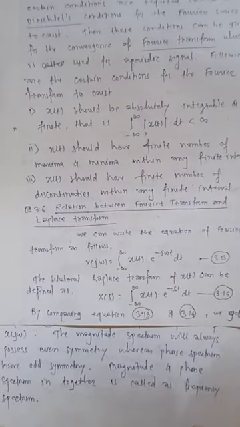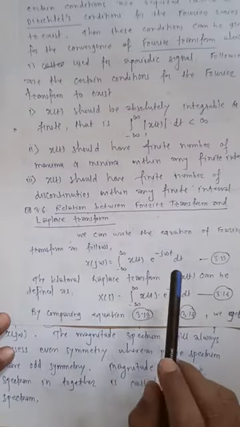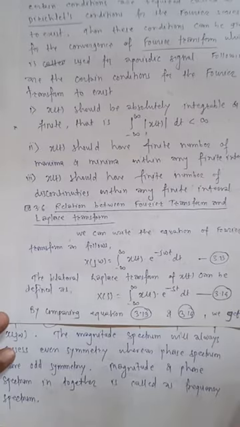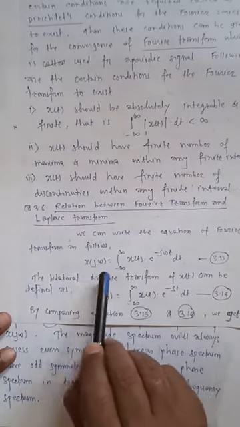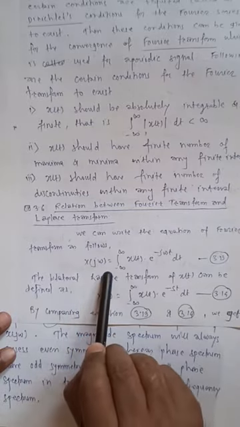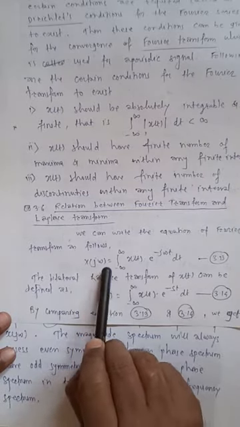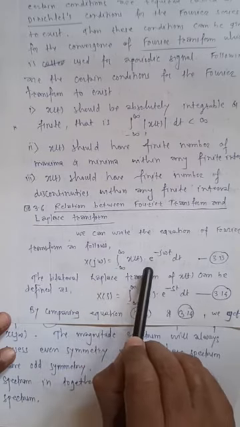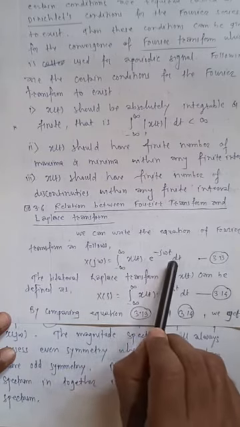It is also dealing with the continuous time signal. Its definition is just like the Fourier transform. As we know, the equation of the Fourier transform, X of j omega or X of omega, is the integration from minus infinity to plus infinity of x(t) e raised to minus j omega t dt.